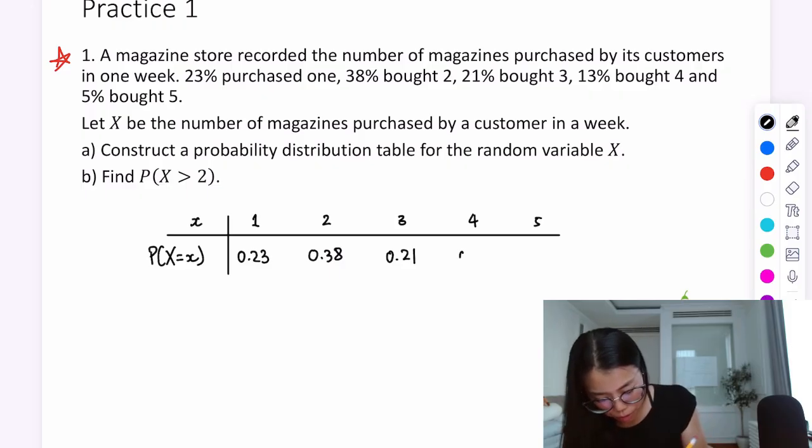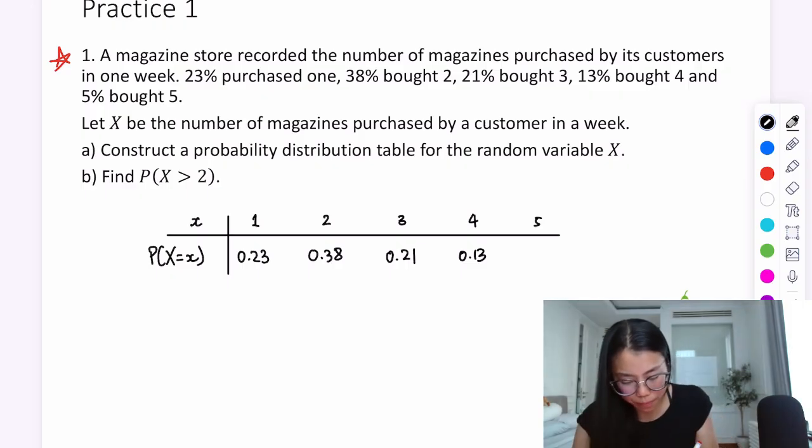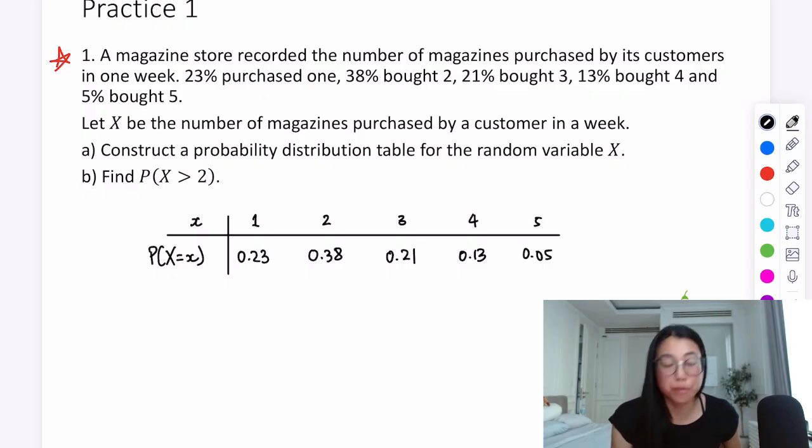So 0.23, 23% purchase 1, 0.38, 38% purchase 2, 21% or 0.21 for 3, 0.13 or 13% for 4, and 0.05 or 5% purchased 5. So here's our probability distribution function as a table. If we add all of these probabilities, they need to sum to 1, representing our entire population. A quick check, we can see that in fact it does sum to 1.